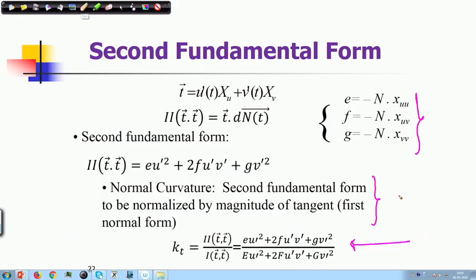We can remember that E is x u dot x u, then F is x u dot x v, where capital X is the surface point, and G is x v dot x v.